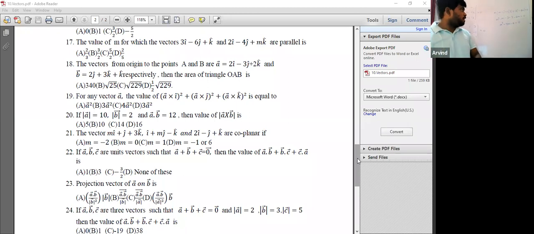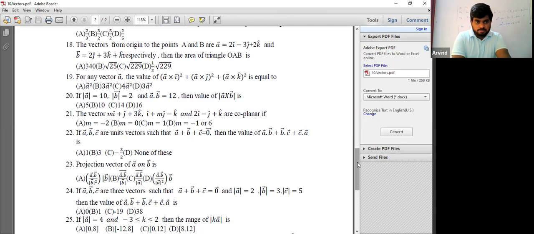Because you should have got M square minus 7M plus 6, only then it is correct. Because now you cannot factorize it. Okay, let's forget the 21st one.